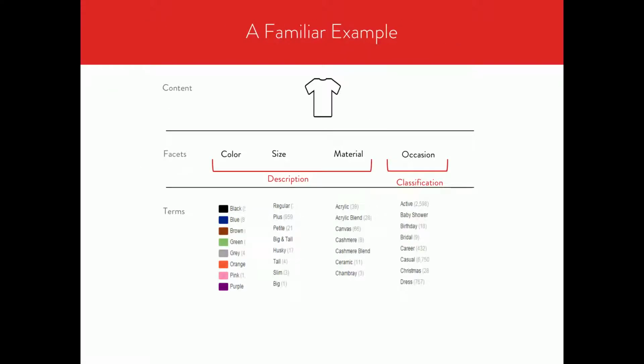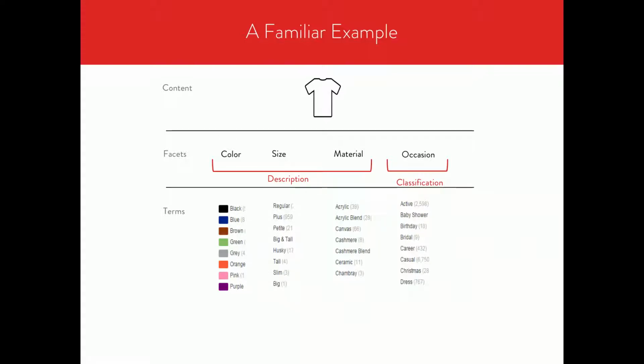Practical example from the real world of digital experience management. I stole these categories from Kohl's.com, just because I figure at some point in your life, every one of you has bought some article of clothing online. So we've got a kind of common pool of experience here. So when you go to buy a shirt at Kohl's, they have like 16 different facets, but some of the common ones that you're going to see elsewhere: color, size, and material.